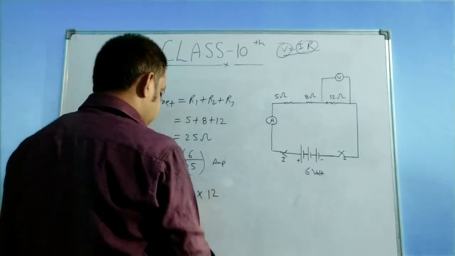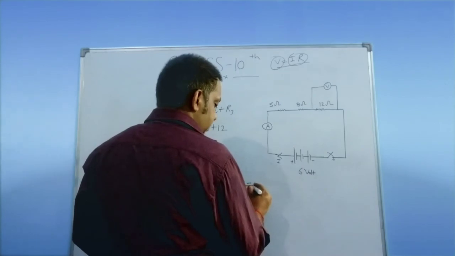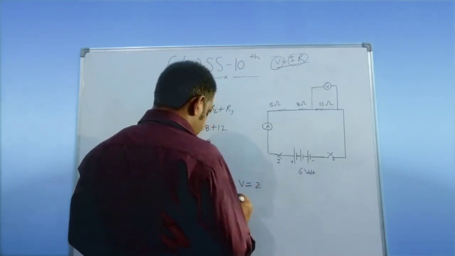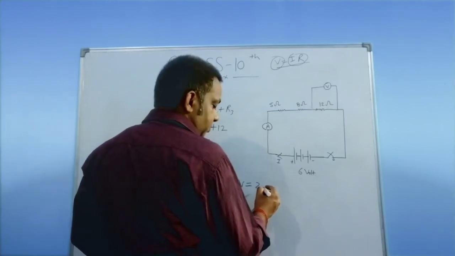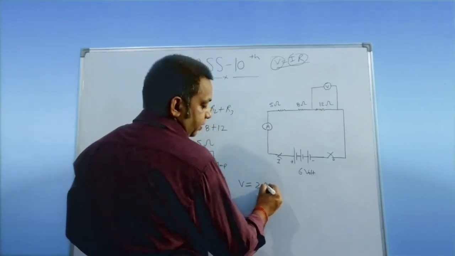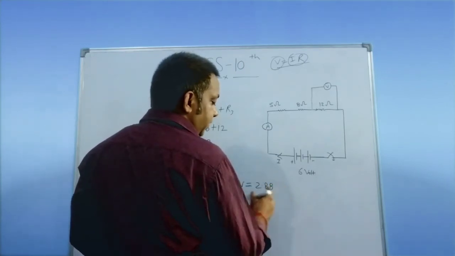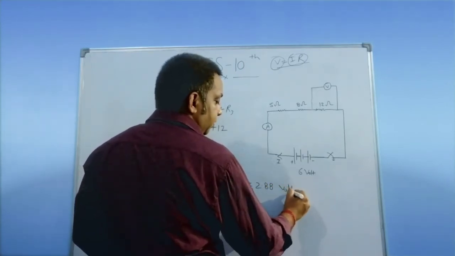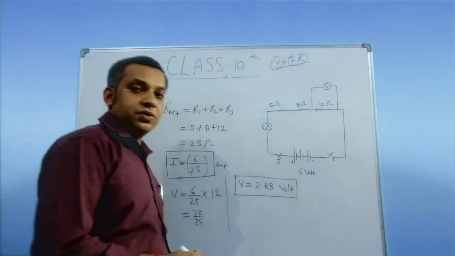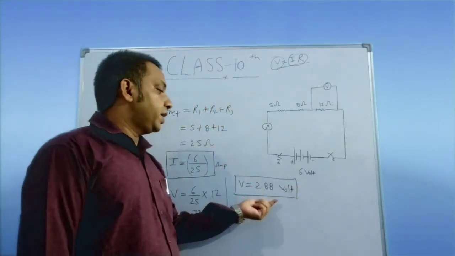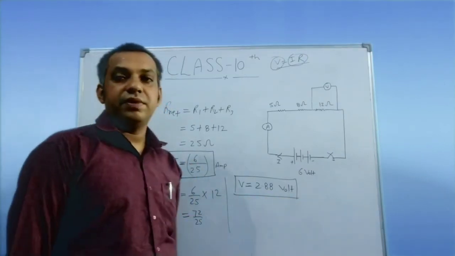V is equal to 72 upon 25, which gives 2.88 volt. So this is the voltmeter reading. The voltmeter reading is 2.88 volt and the ammeter reading is 6 upon 25 ampere.